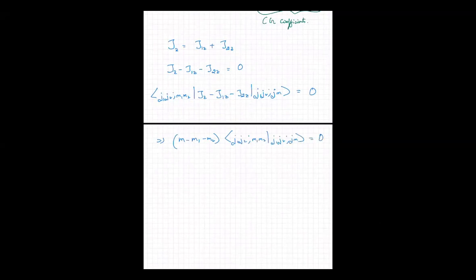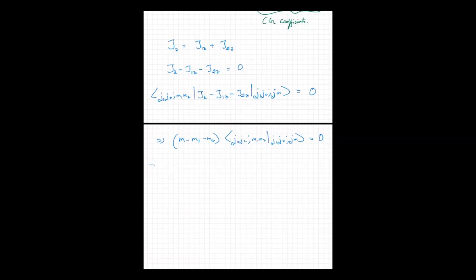This is basically (m minus m1 minus m2) times the Clebsch-Gordan coefficient. This has to be equal to 0. Okay. So if m is not equal to m1 plus m2, then the only way this equation can be satisfied is if the Clebsch-Gordan coefficient itself is 0.